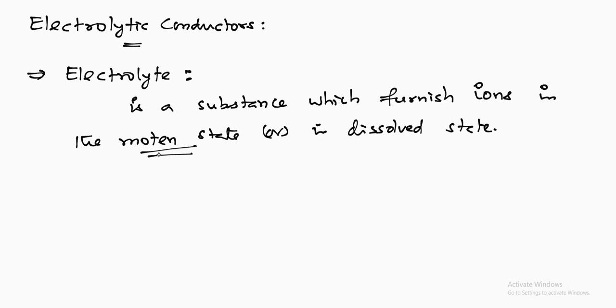Or you take some substance and dissolve it in some solvent, water or alcohol, anything. If the substance produces ions, then that substance is called an electrolyte. So an electrolyte is a substance which will produce or furnish ions either in the molten state or in the dissolved state. That is the definition for electrolyte, right?